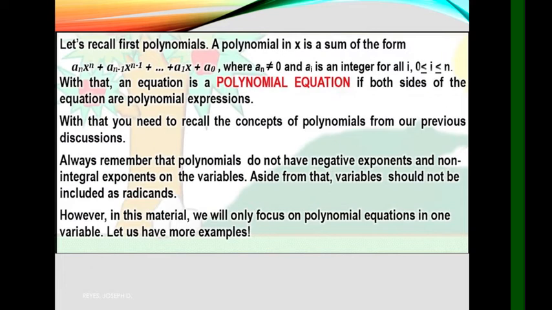With that, an equation is a polynomial equation if both sides of the equation are polynomial expressions.